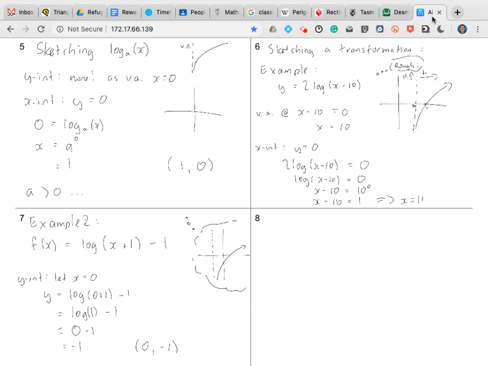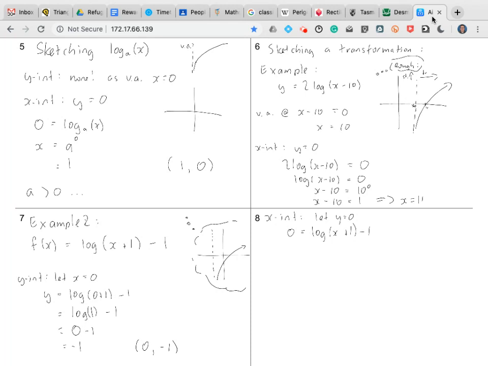Wow, I think my graph might be all right. Yeah, it's just happenstance. X-intercept: that's where I let y equal 0. So I've got 0 equals log of x plus 1, minus 1.